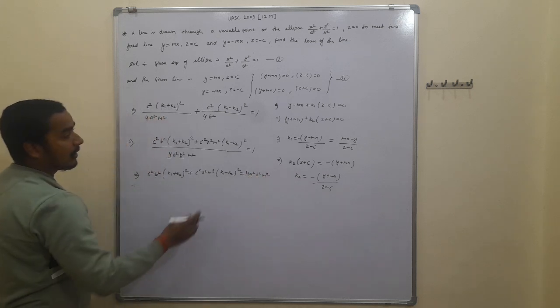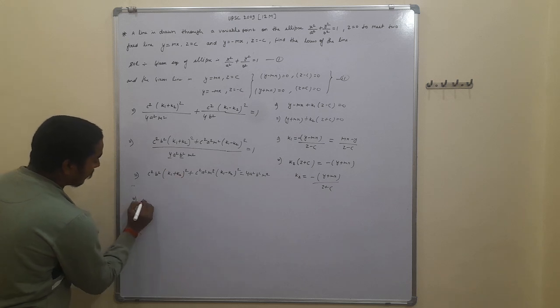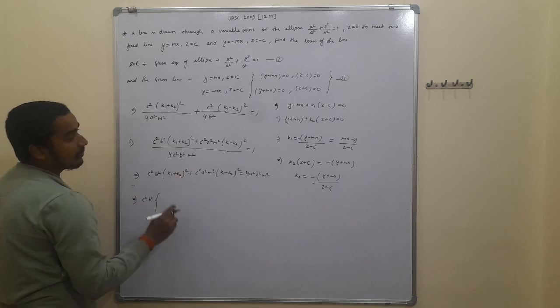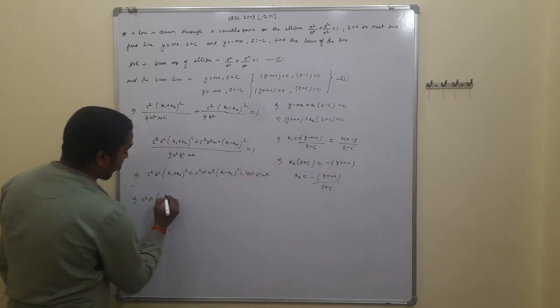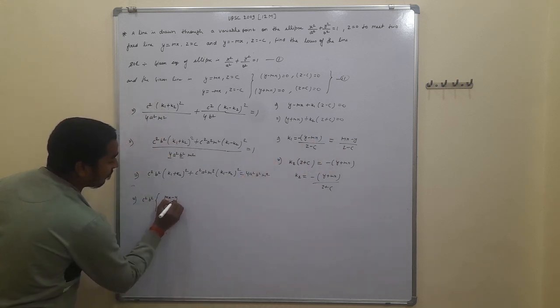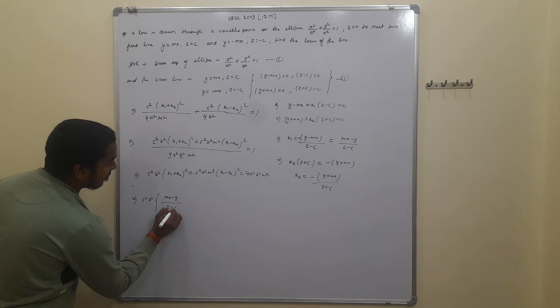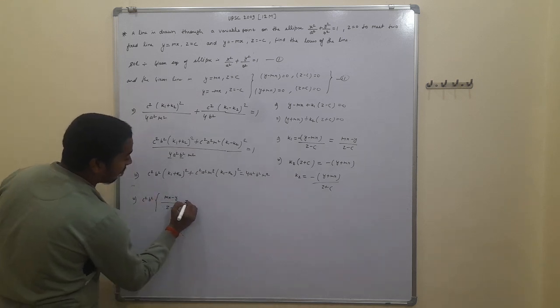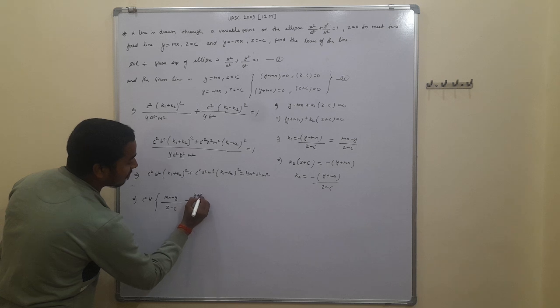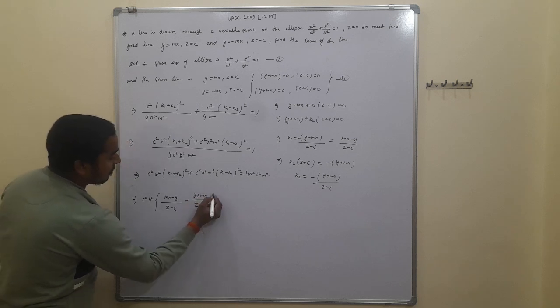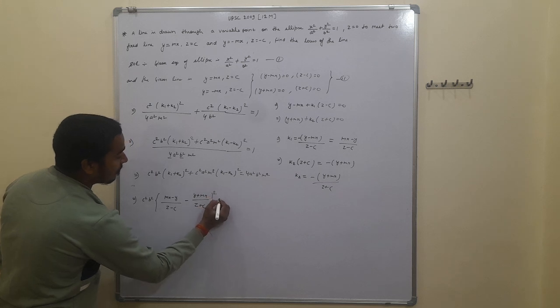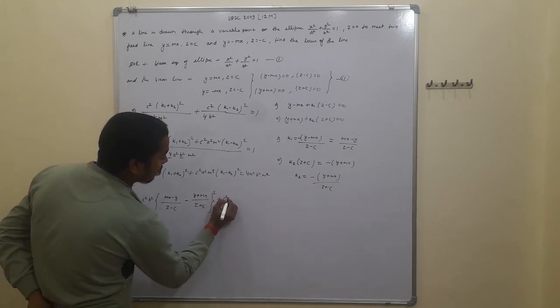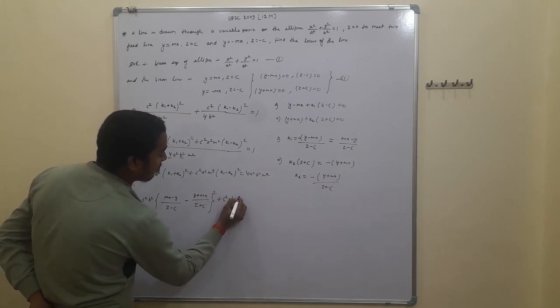Further we have to put the value of k1 and k2, that is c square b square into, in place of k1 we have to put mx minus y upon z minus c. In place of k2 here is minus of y plus mx upon z plus c whole square plus c square a square into m square.